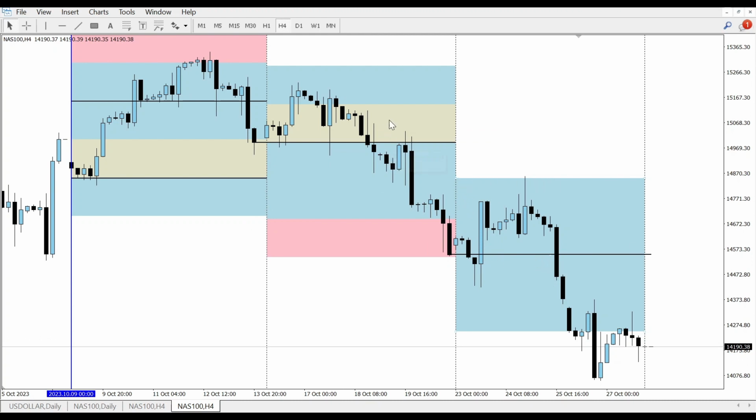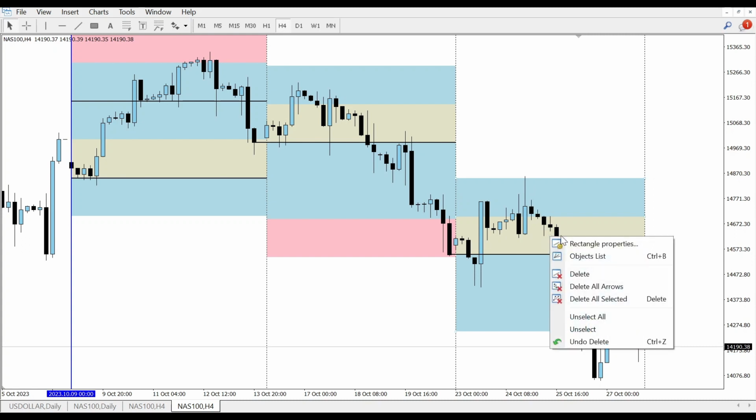And as I said, we need a bias to determine our upper discount, our lower discount, our upper premium, our lower premium. So as we can see, this was also a down moving week. So we needed to determine our upper and lower premium for our sell entries. So from the closing price to half of the premium region is our lower premium, and above that is our upper premium.